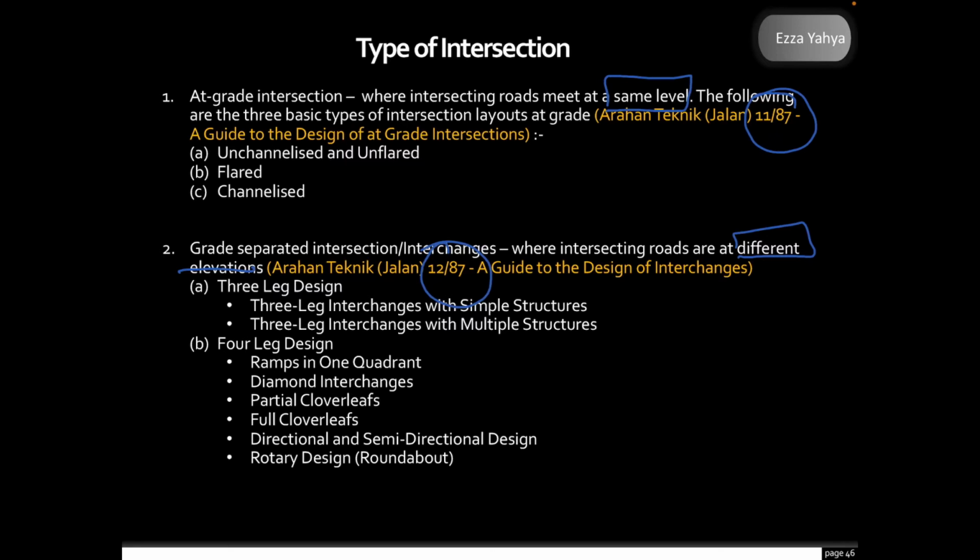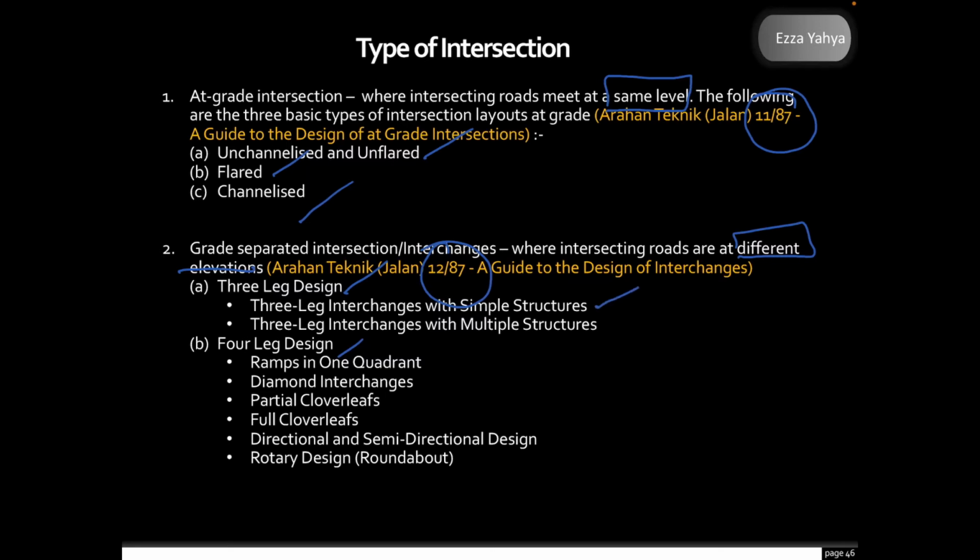Okay, the at-grade intersection will be divided into three. One is unchannelized and unflared. Second is flared. The third one is channelized. While the grade separated intersection or interchange will be separated into two types. One is the 3-leg design, another one is the 4-leg design. The 3-leg and the 4-leg have their own classification.